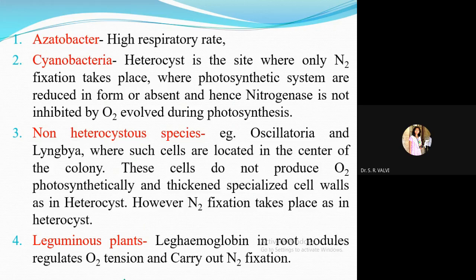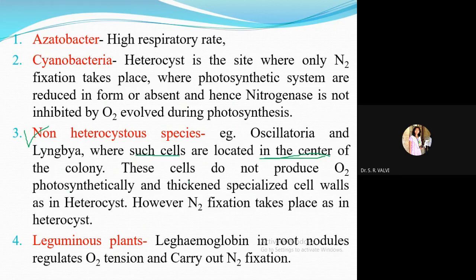Now come towards the non-heterocystous species, for example Oscillatoria and Lyngbya. These are the non-heterocyst algae, and in these algae, the cells which are going to fix nitrogen are located in the center of the colony.